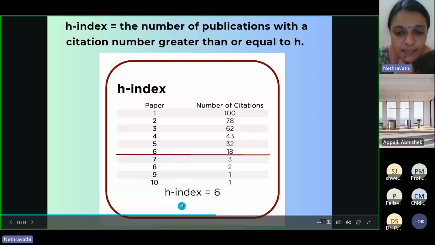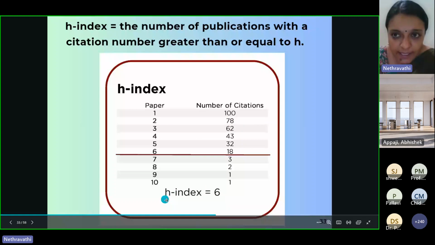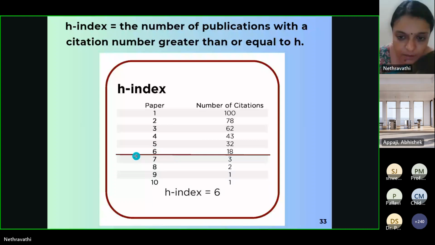So how to find out what is the H index? Here the first paper has 100 citations, the second has 78 citations. We have to find out what H is here. H is the number of publications for which the citations are greater than that index number. Here is the cutoff, because after the sixth publication, the seventh paper has only 3 citations.